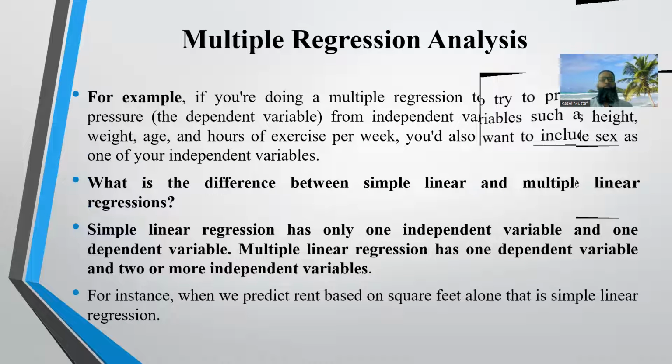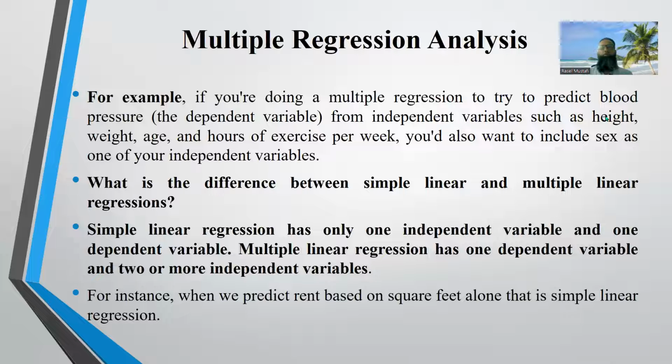For example, if you are doing a multiple regression to predict blood pressure, the dependent variable, from independent variables such as height, weight, age, and hours of exercise per week, you might also want to include sex as one of your independent variables. So what is the difference between simple linear and multiple linear regression?